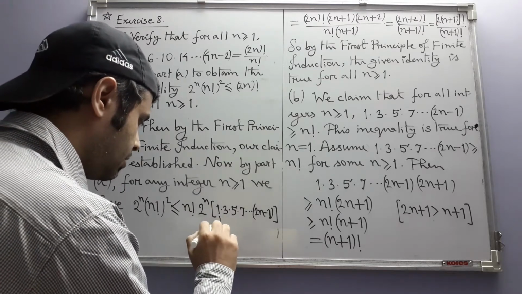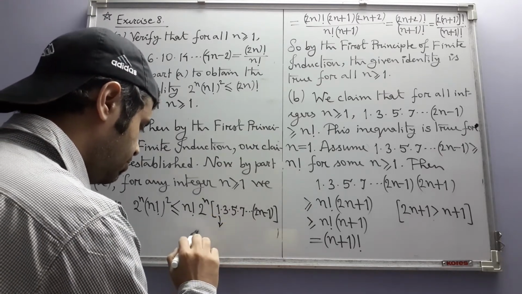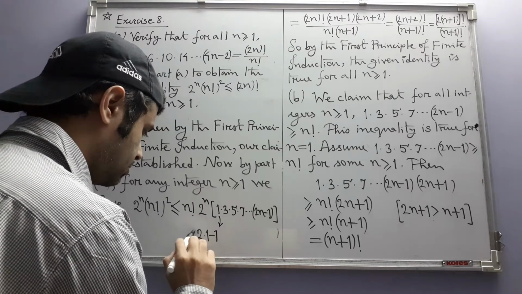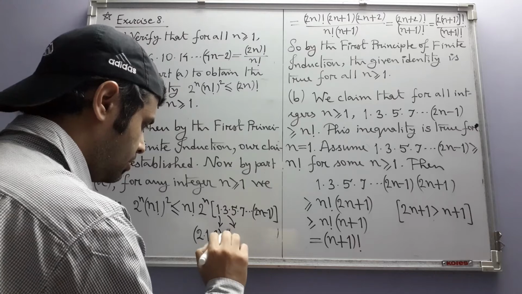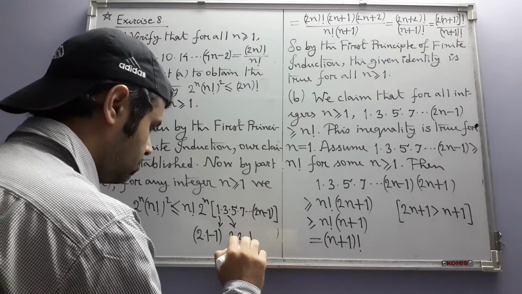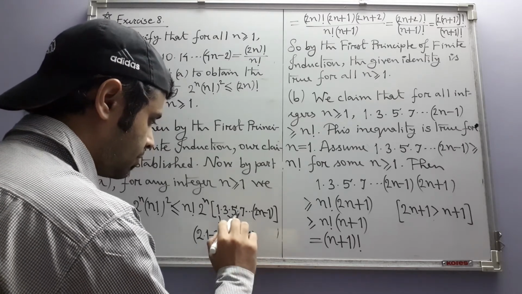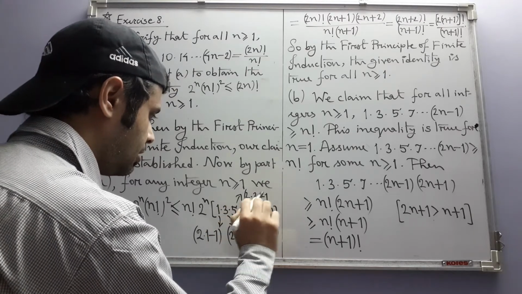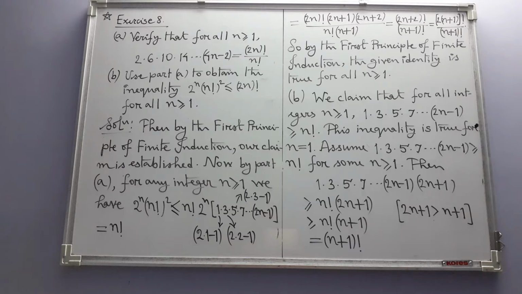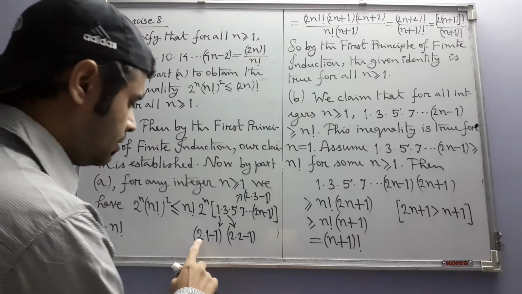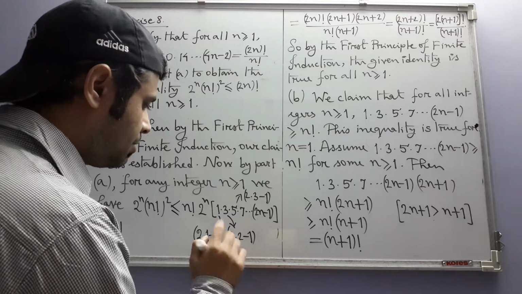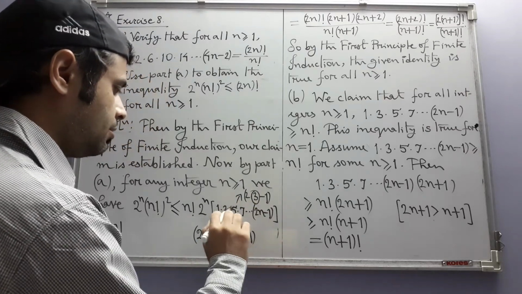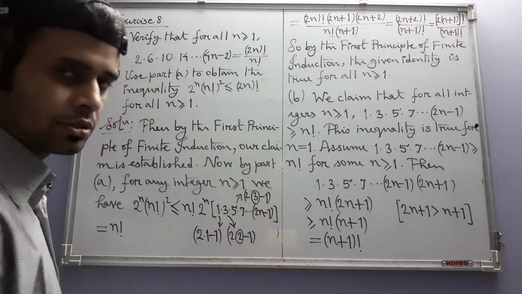It's because you can view 1 as 2 times 1 minus 1, 3 as 2 times 2 minus 1, 5 as 2 times 3 minus 1, and so on, 7 as 2 times 4 minus 1. So whatever number you have here, that denotes the number of factors we have got so far.